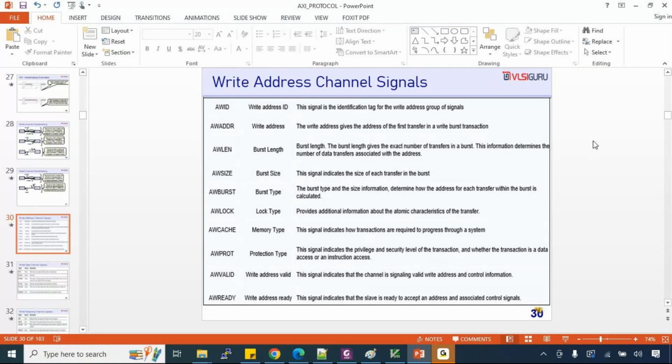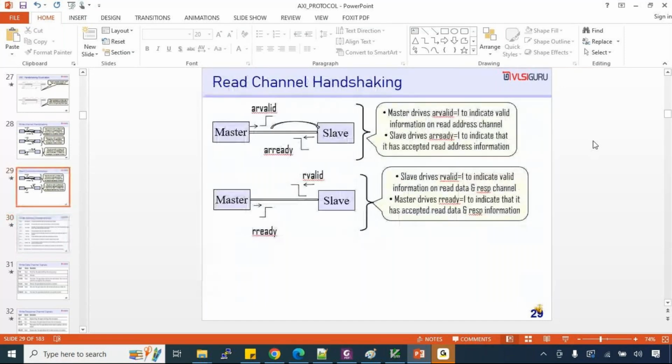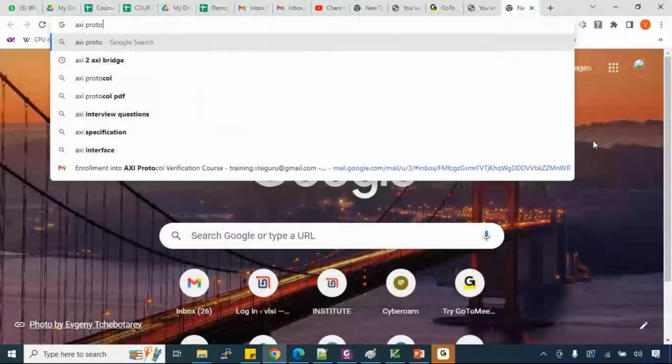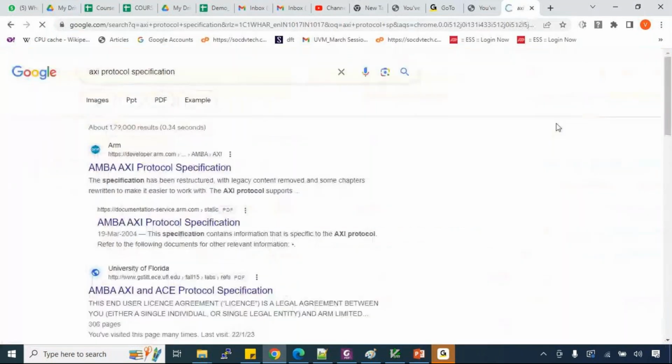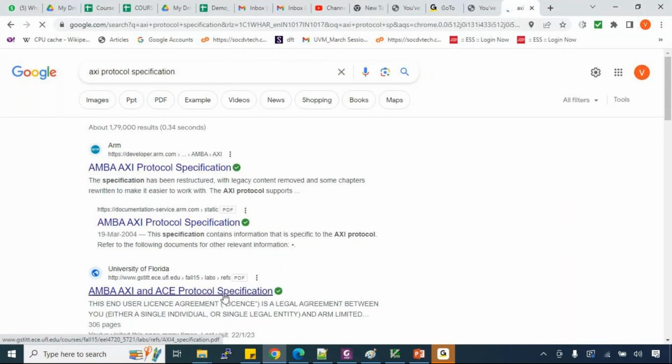Please come prepared. Make sure that you talk to admin and get the e-learning portal access today itself, and please go through this. Even otherwise, you can just go to Google and search for the AXI protocol specification. It will be the first or second result. You can download it and start going through that. Why I'm telling you is that you should not wait for one week to start off again.